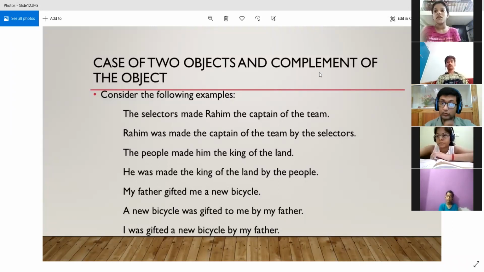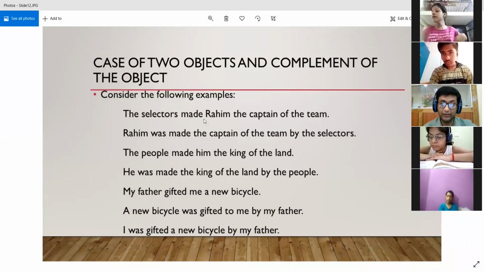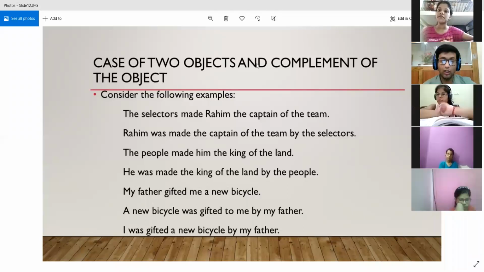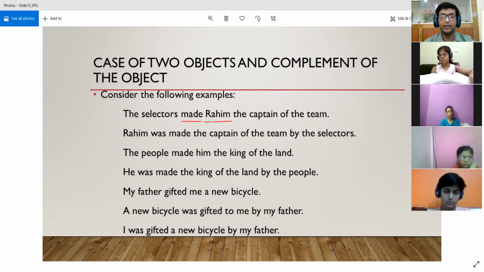So now we are going to see these two cases. For example, the selectors made Rahim the captain of the team. So now in this sentence, you will find that Rahim is the object in the active voice, right? Made is the main verb. So the selectors made Rahim. Now Rahim is the object, but what is the captain of the team?